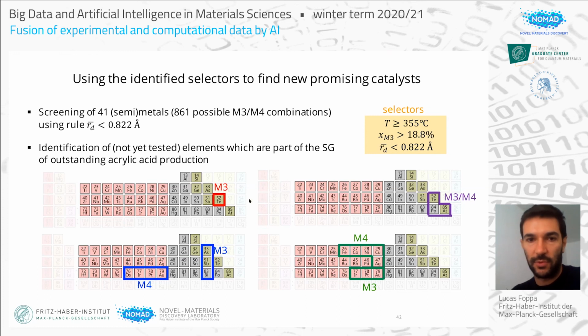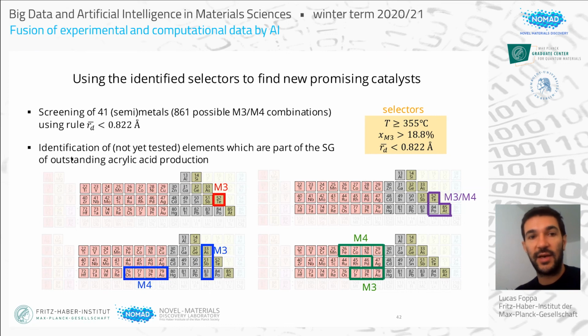Only one material has M3, so with one M3, it's only tellurium, and then we can combine these three elements, for instance, or one element from here and one from here. So these are the combinations that will enter the subgroup that we found according to the rules given by the selectors.